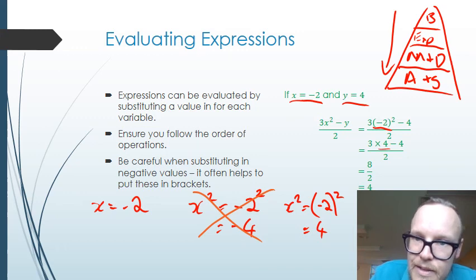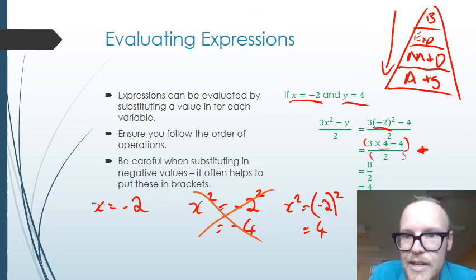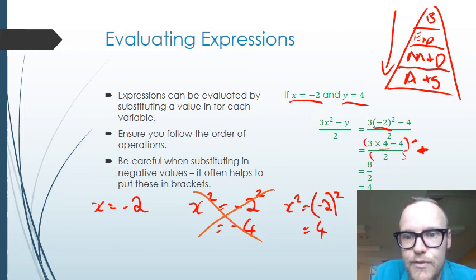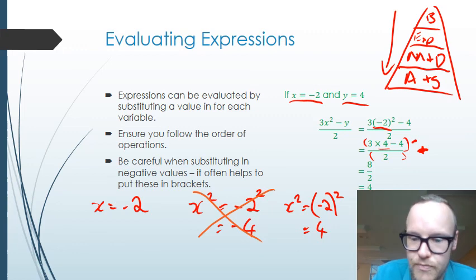Now remember that if I've got an expression like this one here, with the vinculum, everything above the vinculum is as if it's in brackets, and everything below the vinculum is as if it's in brackets. So they need to be done first before doing the division. That's why we've done the top line first before we did the divide, dividing the 8 by 2.